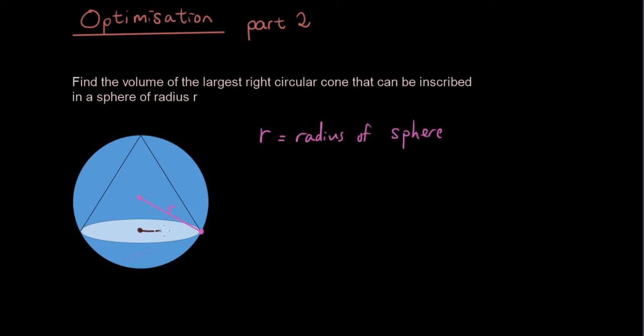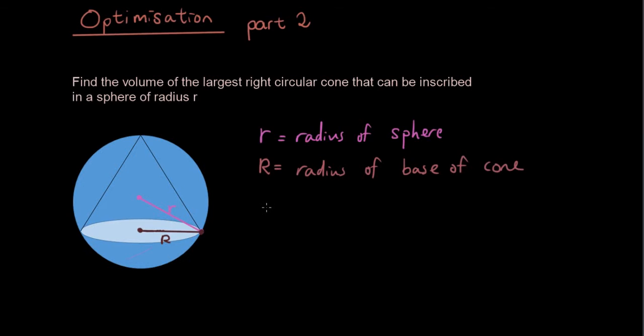If I again draw a straight line to the same point on the edge, I'm going to call this capital R, and capital R stands for the radius of the base of the cone.